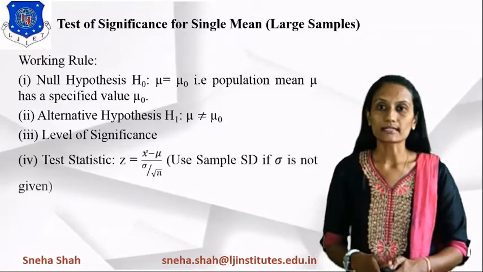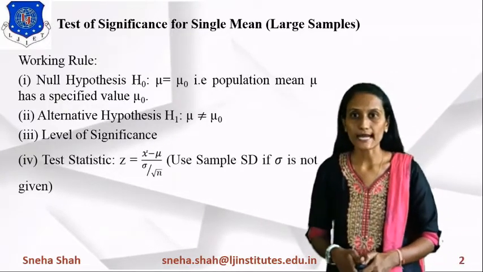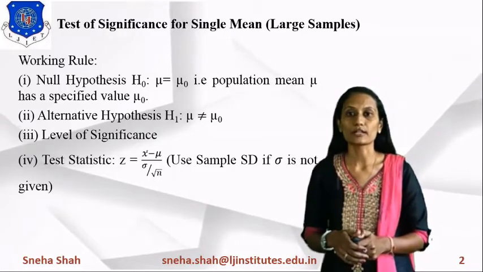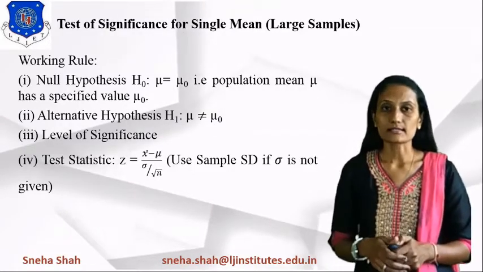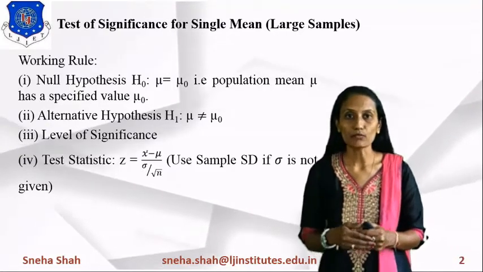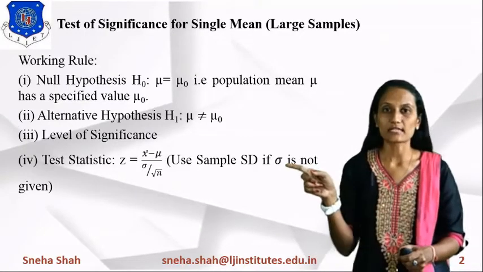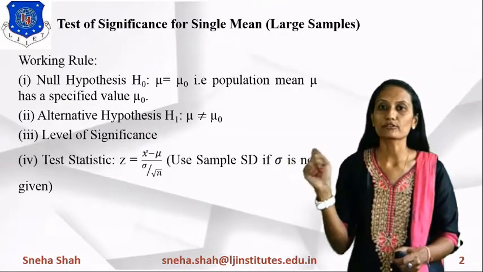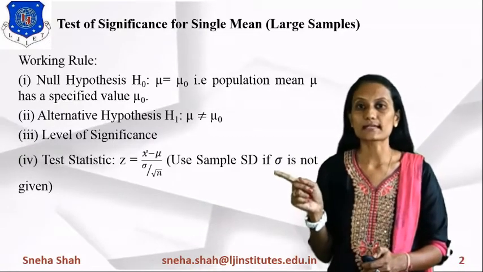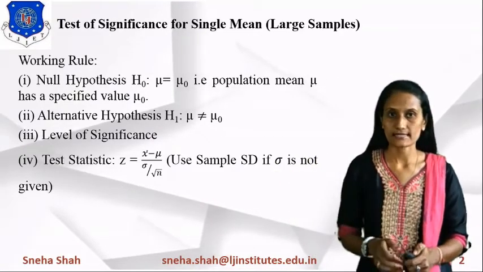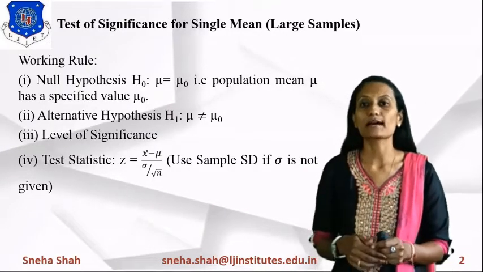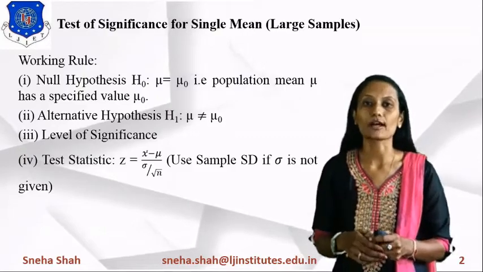Now the test statistic is Z equals x bar minus mu upon sigma upon square root of n, where x bar denotes the sample mean. If the value of sigma is not given to you, then you have to use the sample standard deviation S. So the equation becomes Z equals x bar minus mu upon S upon square root of n.